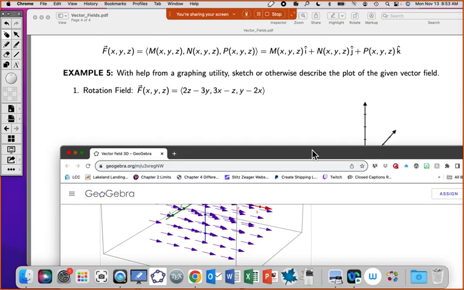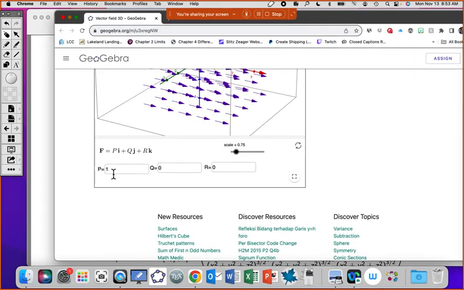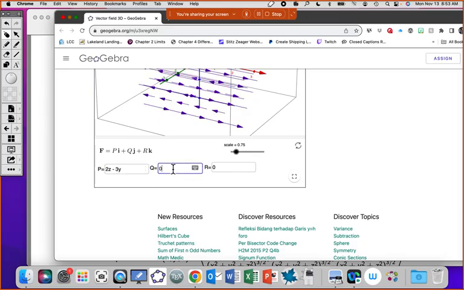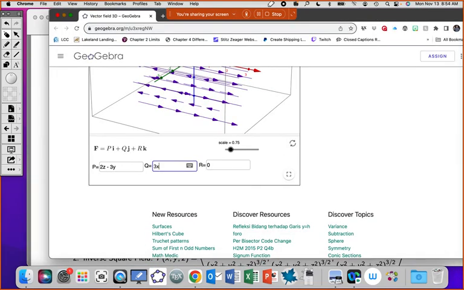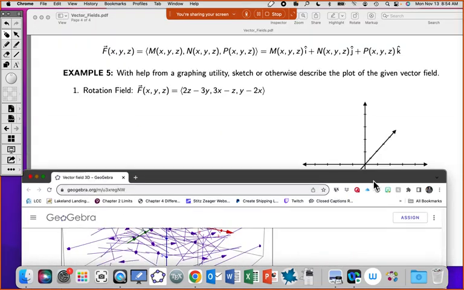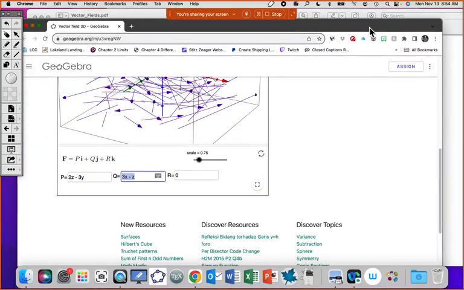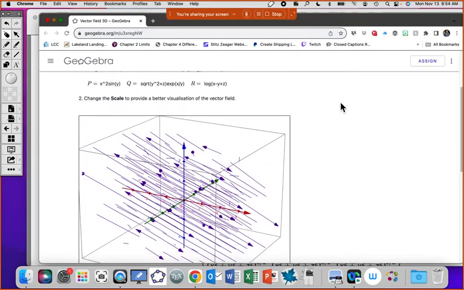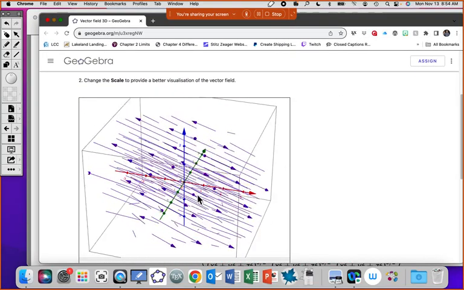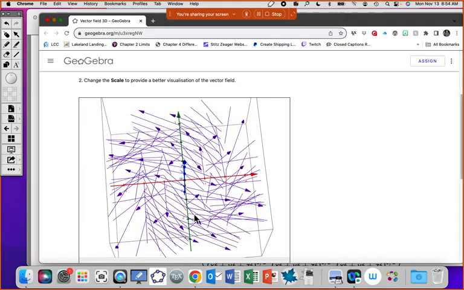So let's look at this rotation field: 2z minus 3y, 3x minus z, y minus 2x. Now you can actually just grab this and move it around.